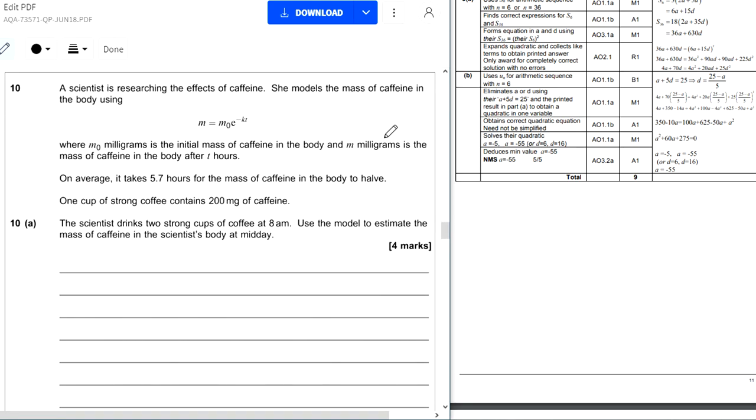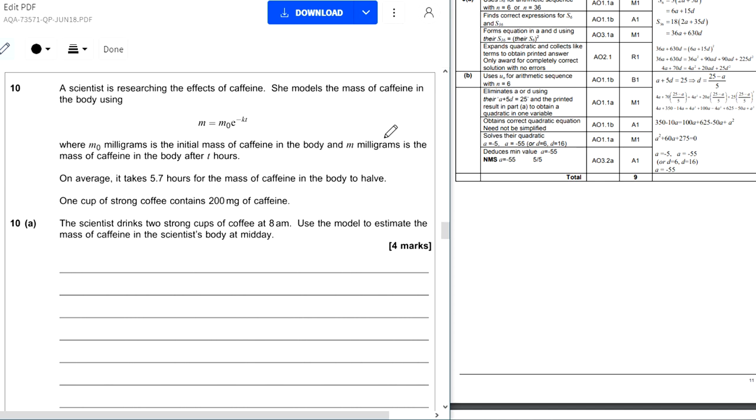Next question. Scientists research the effects of caffeine. She models the mass of caffeine in the body using that equation, where M0 milligrams is the initial mass of the caffeine in the body, and M milligrams is the mass of the caffeine in the body at t hours.